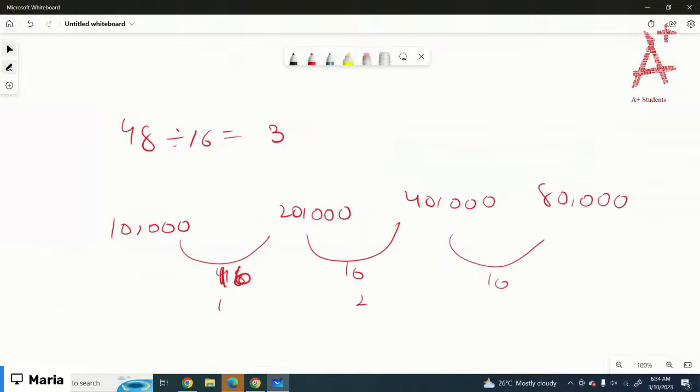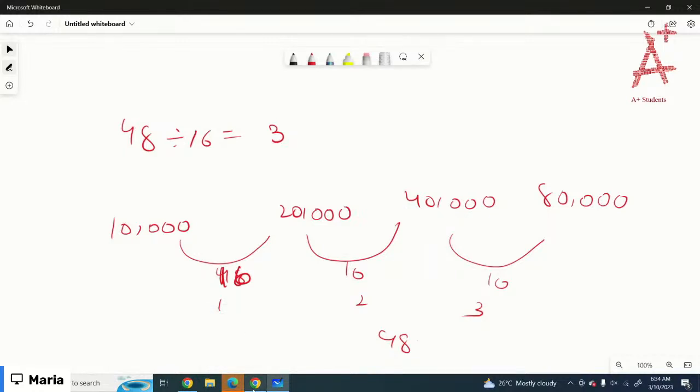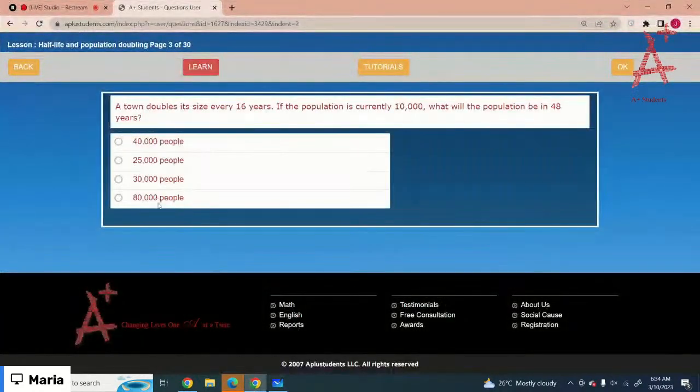So 16 plus 16 plus 16 is 48 years. That means after 48 years, it is 80,000. So the correct option is 80,000. Yes, very good.